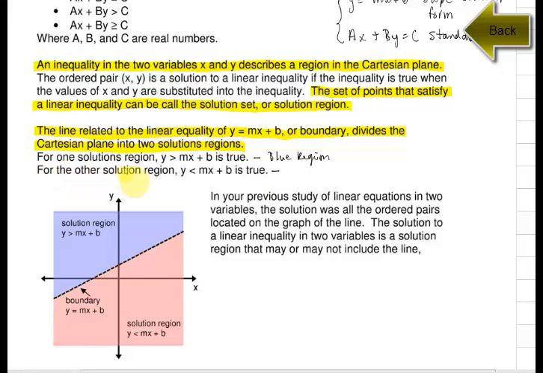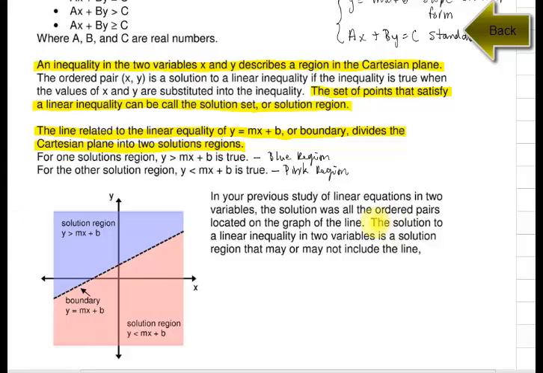For the other solution region, if y is less than mx plus b, is true, then we would get what's below the line, which is the pink region on the graph. So provided that y is on the left-hand side of the inequality, if the inequality is greater than, it means above the line, and if it's less than, it means below the line.